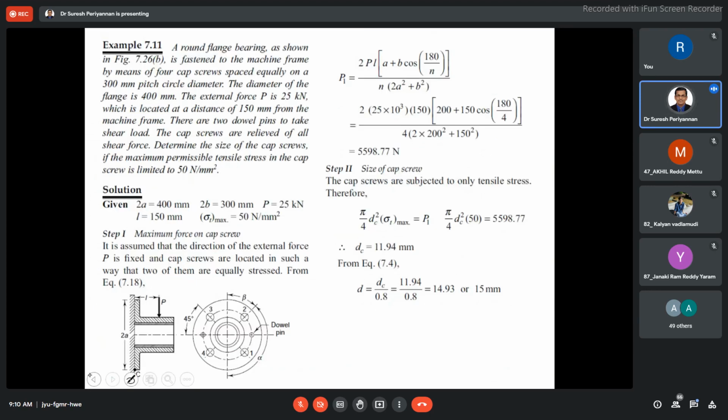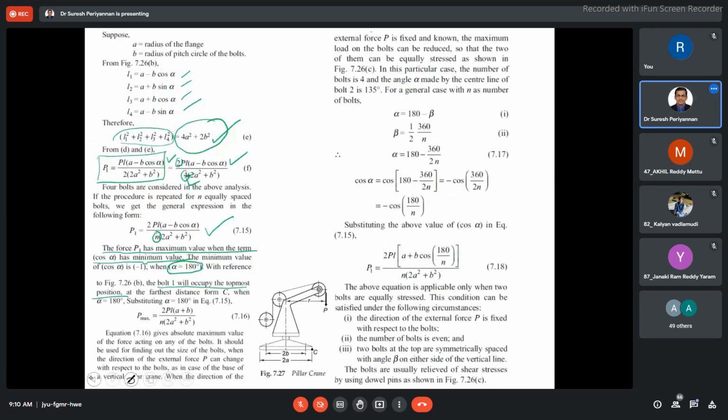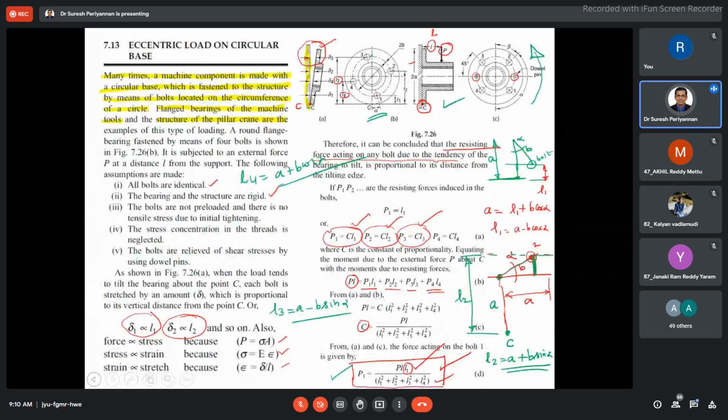When alpha is here, the bolt is going to be occupied in this position. At that time only we can say that alpha is 180 degrees. When the bolt is occupying this position, the maximum force is acting.